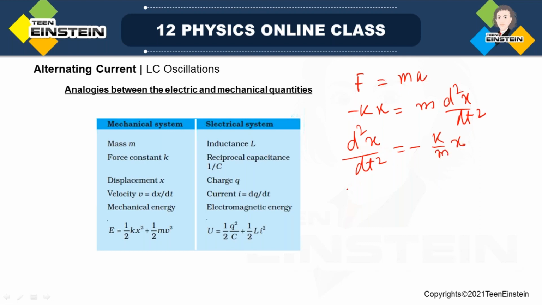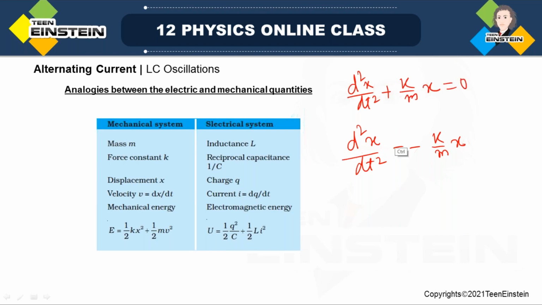You bring it to the left-hand side, all of them. So what is the final equation you get? You will get d2x by dt square plus k by m into x is equal to 0, right? Now this k by m has been taken as omega 0 square. So k by m in the mechanical system is taken as omega 0 square.